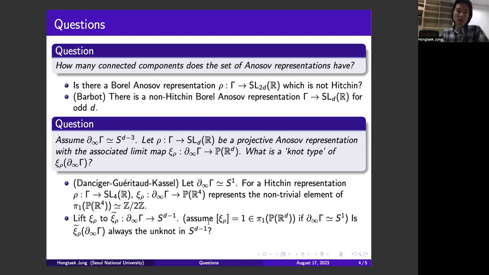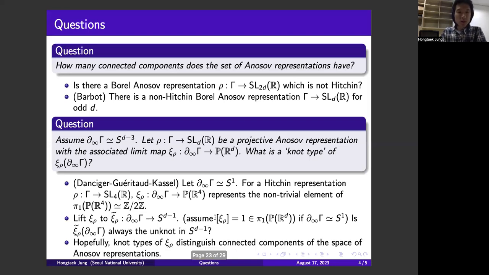So we really have a (d-3)-dimensional knot in the (d-1)-dimensional sphere, and we can ask whether this knot is unknotted or represents some kind of non-trivial knot. I'm asking this question because hopefully the knot type of our limit map may distinguish the connected components of the space of Anosov representations. That's why I'm interested in this question.